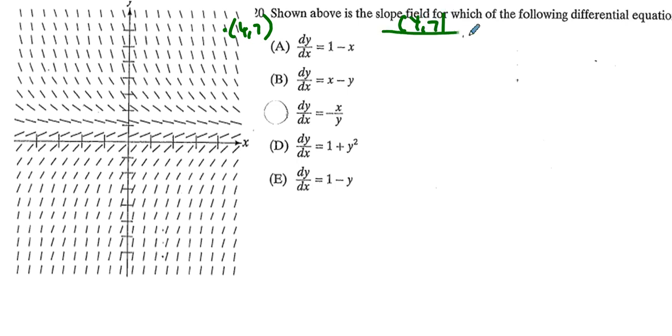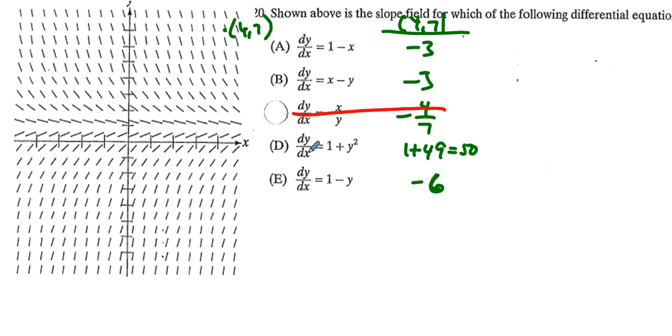At the point 4, 7, the options are 1 minus 4, 4 minus 7, -4/7, 1 plus 49, and 1 minus 7. Well, this line has a negative slope, and it's a pretty big negative slope. That's not a pretty big negative slope. That's not a pretty big negative slope.